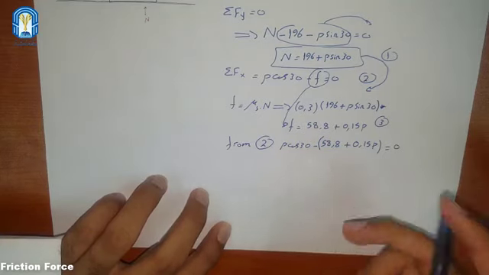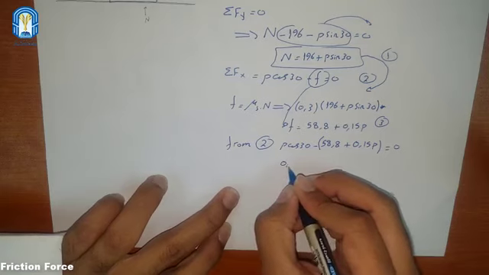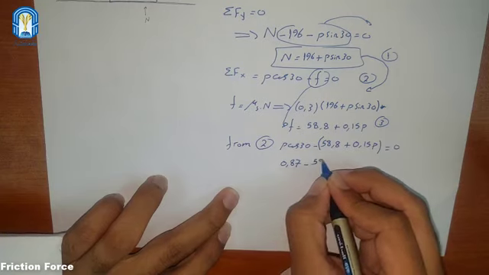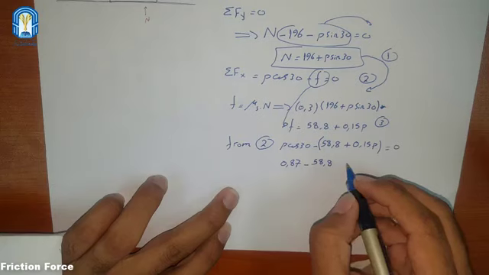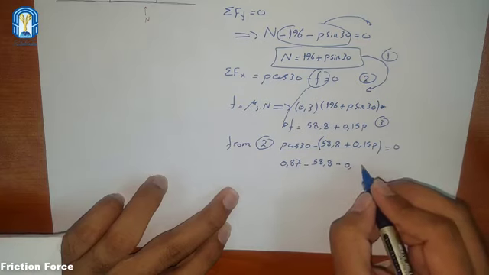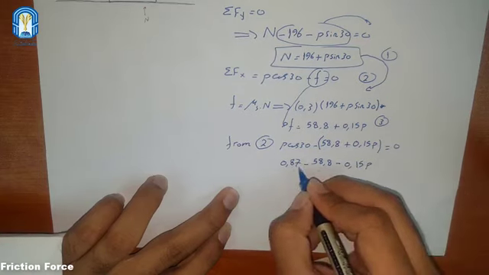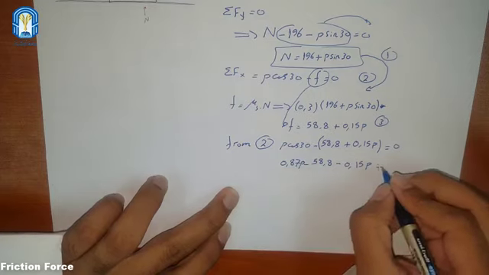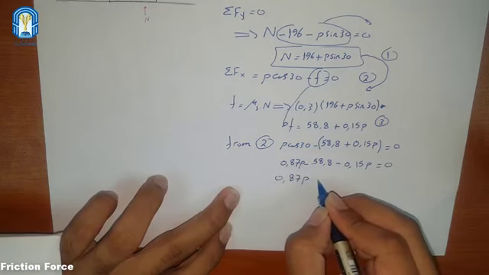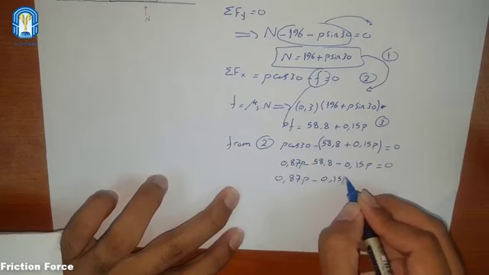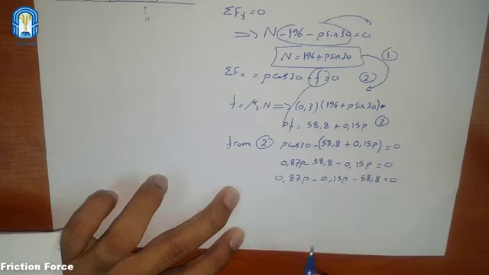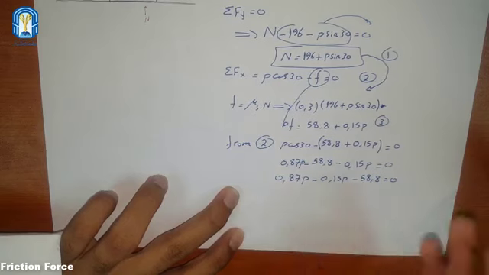After I multiply it, it will give us 0.87 P minus 58.8 minus 0.15 P equals 0. Because we want P alone, we put the P's together.